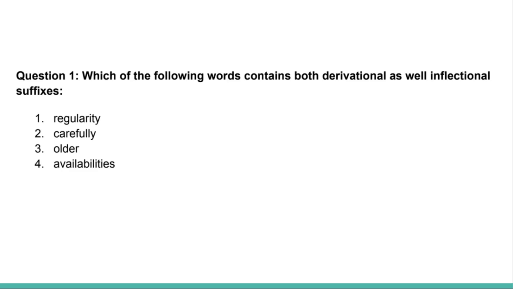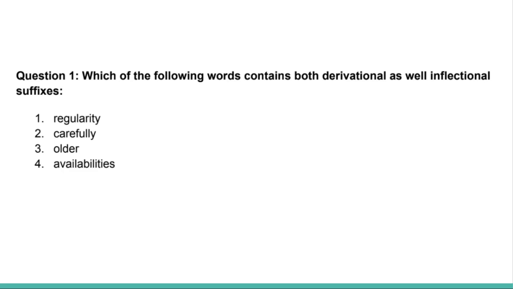So here again there's a change in part of speech tag category. And so carefully, when you add the suffix -ly, it also means the manner of performing something. So here's again a change in meaning that we are observing. So that makes -ly a derivational suffix.